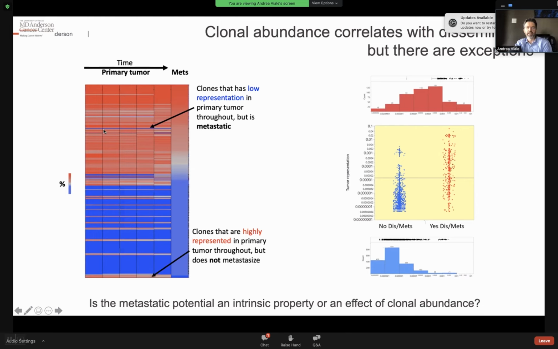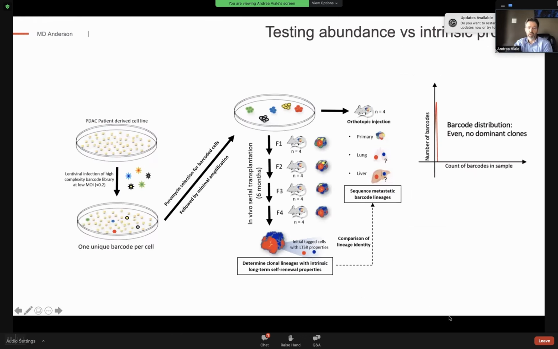You can clearly see that here we have clones that are very, very low represented throughout the entire study that are able to sustain metastasis, or vice versa, we have clones that are very well represented and will never be detected in the periphery. So we tried to understand if there were intrinsic properties responsible for metastasis formation and dissemination rather than just clonal abundance.